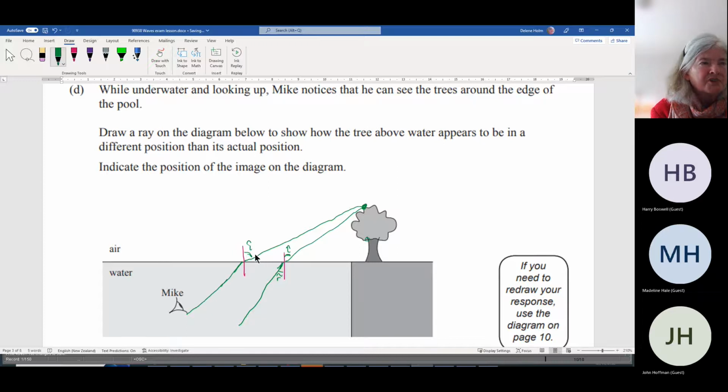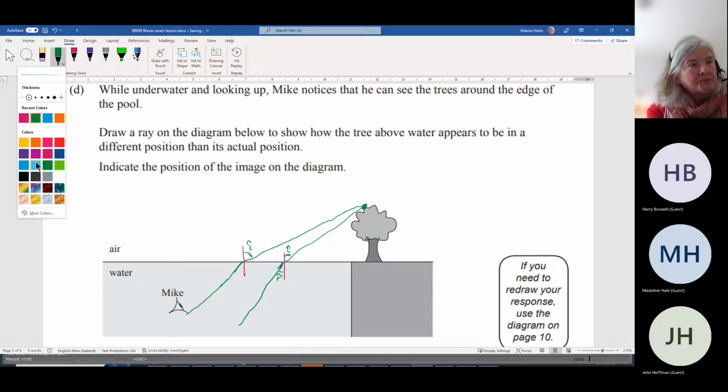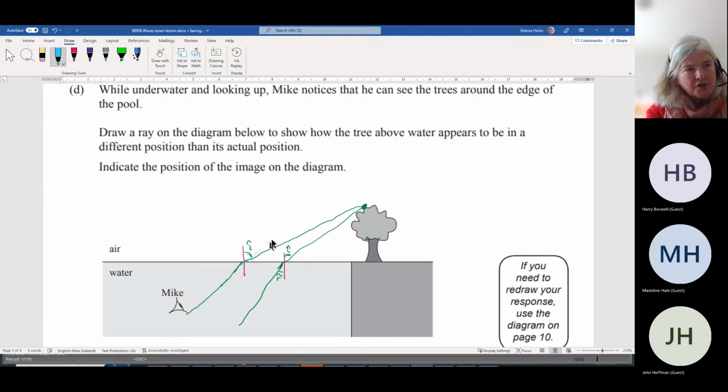This is a terrible diagram, but anyway. Now I'll change my color, because we need to remember our eye sees in straight lines. So we're going to extend this line as a straight line and extend that, so that it should come closer.